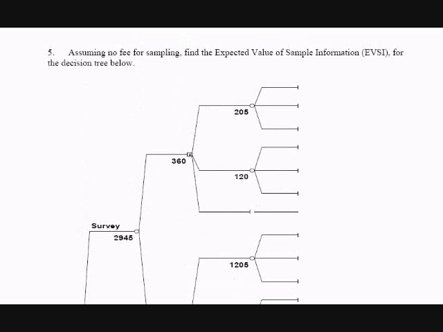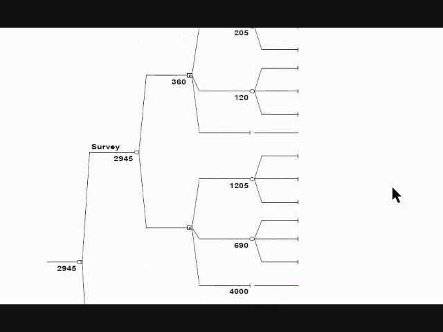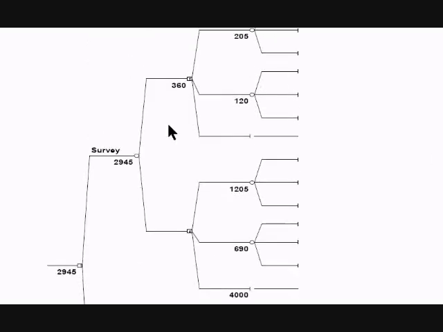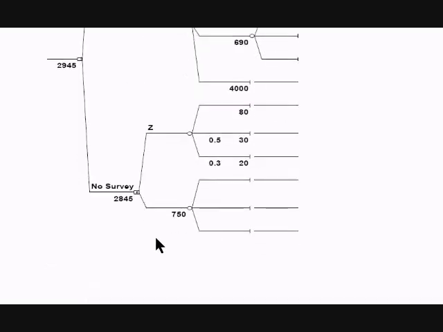And we are going to work our way back through the strategy over here, and we find that if we conduct the survey, our expected payoff is $29.45. If we don't conduct the survey, our expected payoff is $28.45.